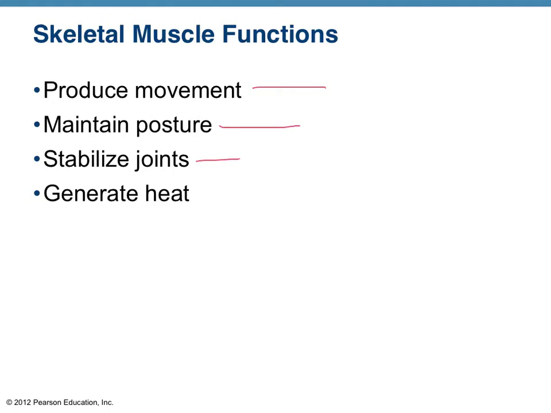And then one real important aspect of muscle tissue is the generation of heat and maintaining of body heat and its role in thermoregulation. The more muscle movement that you have, the more heat that is going to be given off. Essentially, to keep it simple, that comes about from the second law of thermodynamics, that you're converting energy from one form into another.